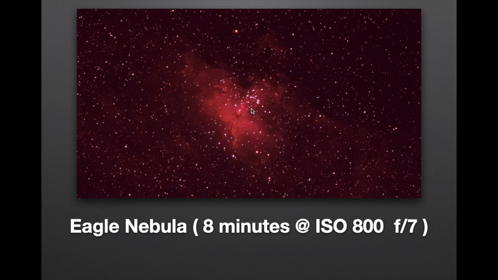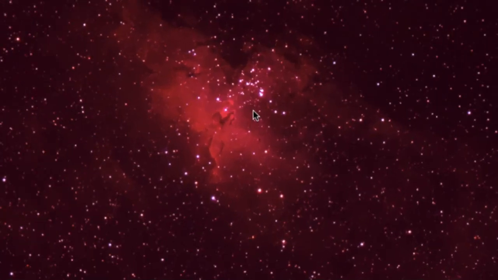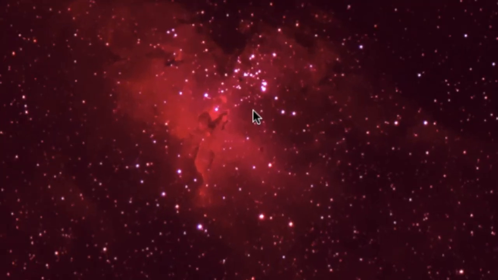But if you look at it, you can see that there's no noise in this image. You can't see any noise. You're not seeing camera noise. It's a single image, and it's taken at 8 minutes.